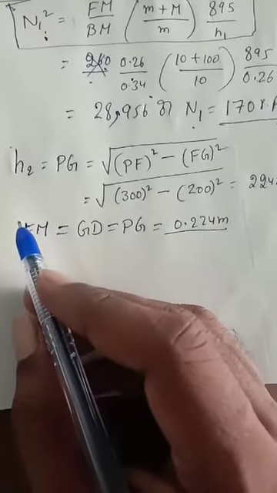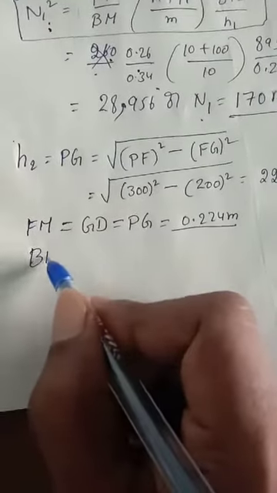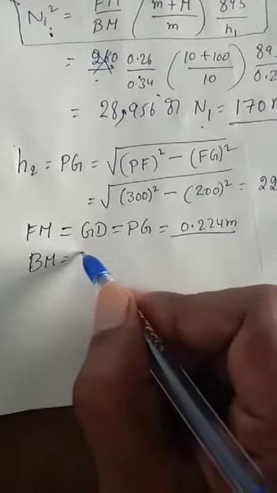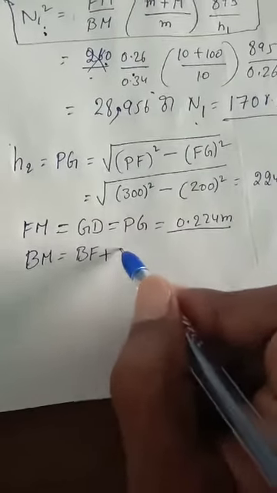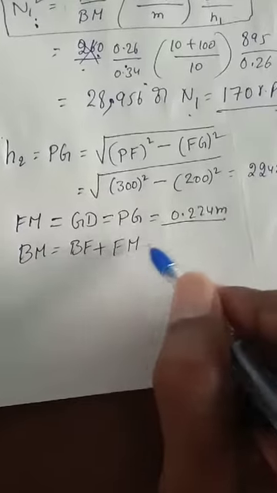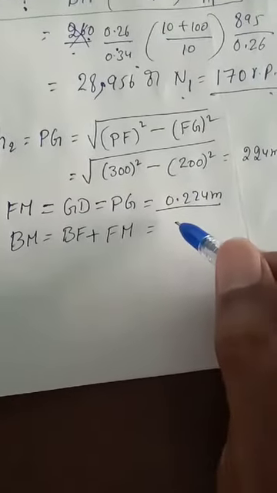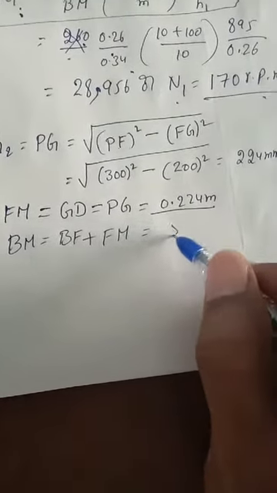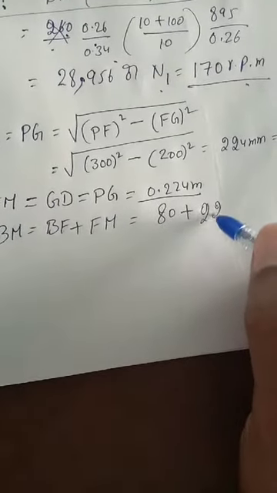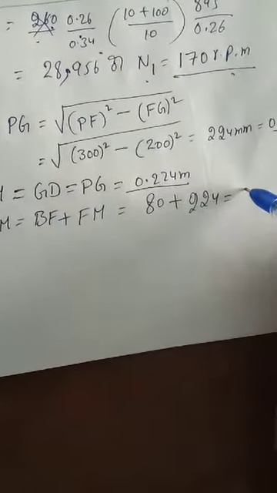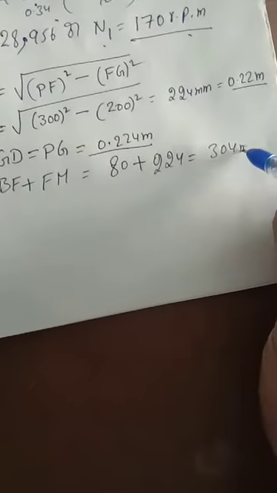And now we are going to see the BM value. So BM is equal to BF plus FM, and here substitute the values. BF is equal to 80, that never changes, and now 224, and finally we will get 304 mm. So that is 0.304 meter.